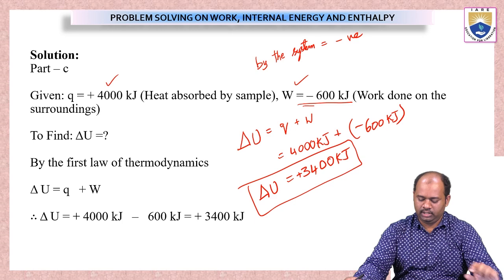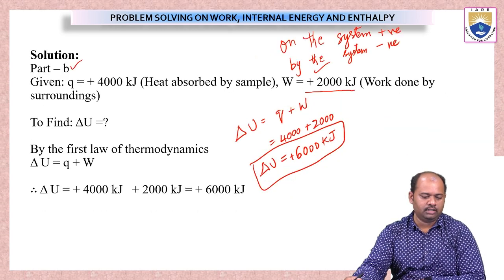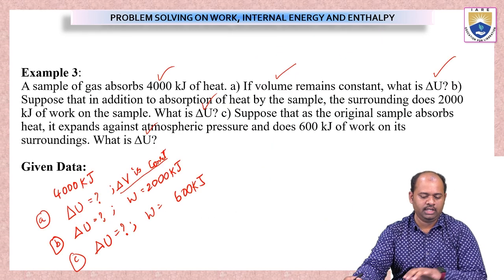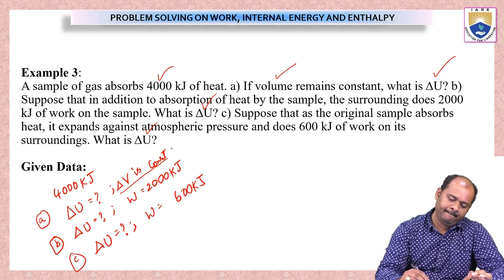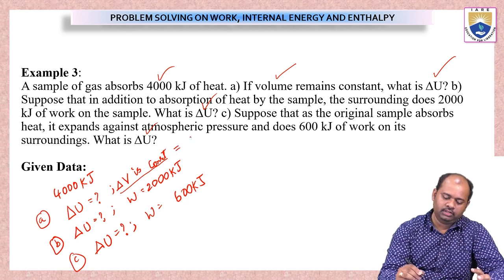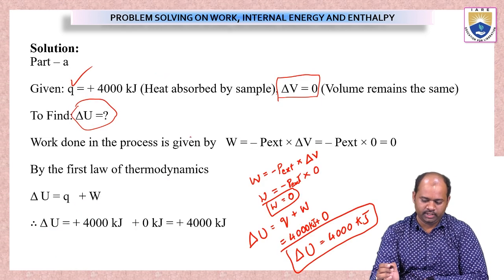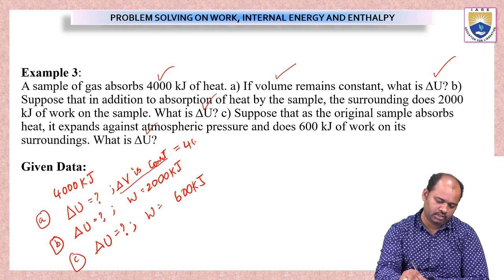Okay. Now in this question we have calculated 3 parts. In the first case, where the volume is constant, the change in internal energy is 4000 kilojoules.